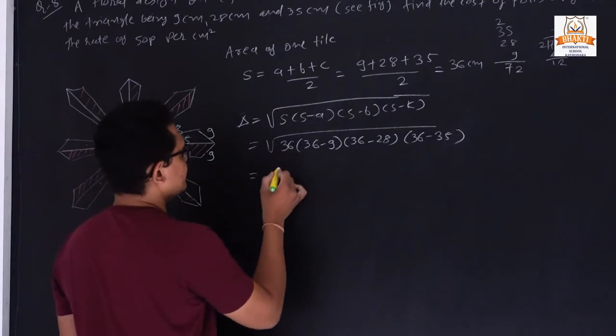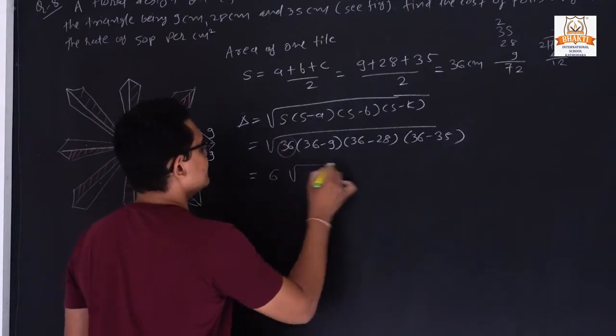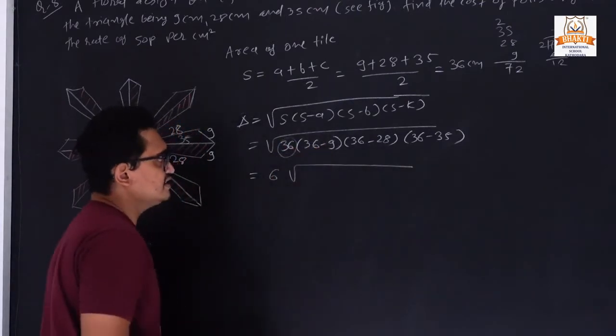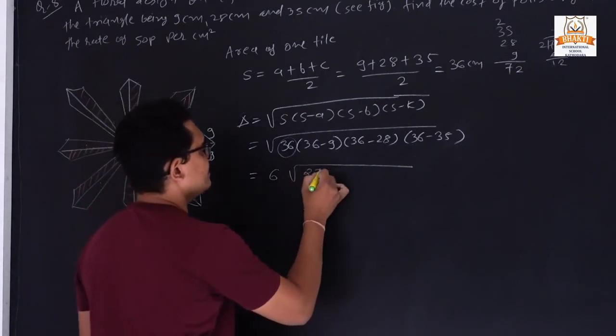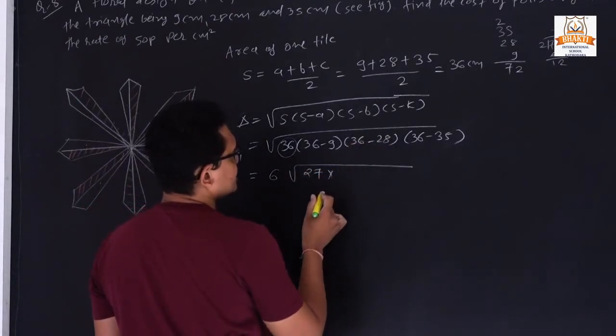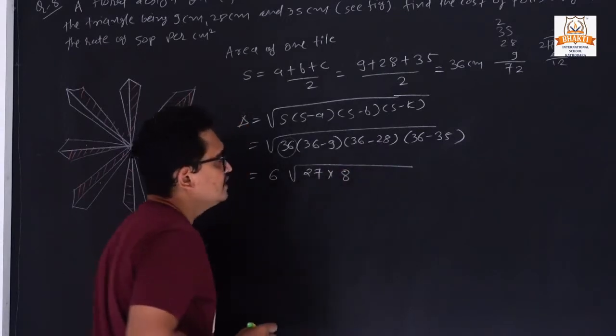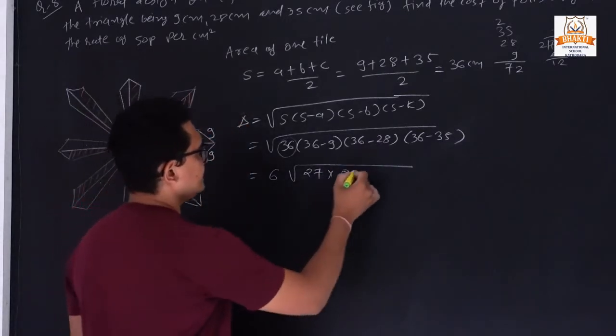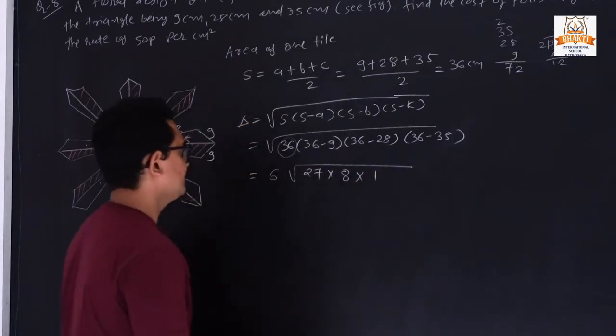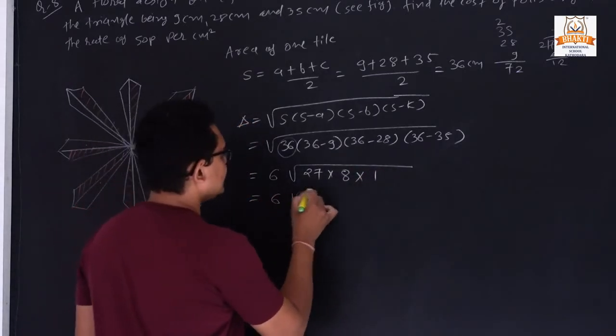So 36, and square root of 36 is 6. Now 36 minus 9 is 27. 36 minus 28 is 8, sorry. And 36 minus 35 is 1. So we can write like that.